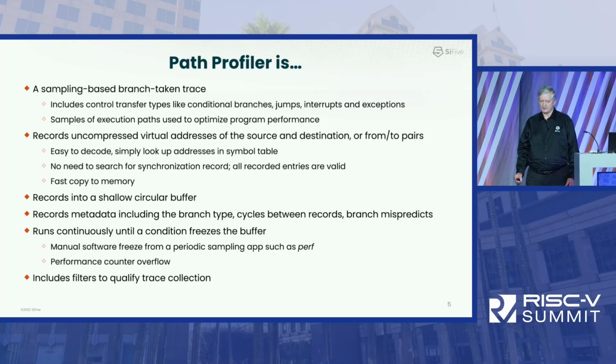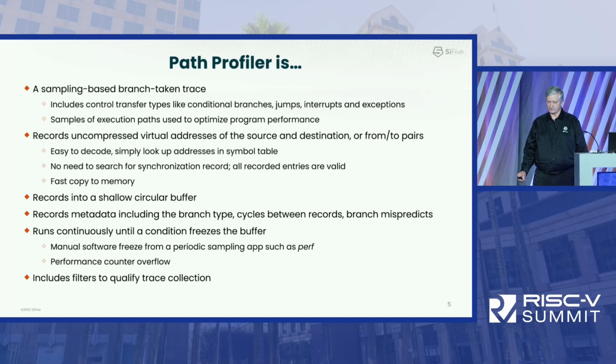Traditional trace is a highly compressed trace, like the E-trace or N-trace standards from RISC-V. They record a synchronization point, and you have to find that synchronization point as an absolute address and then process delta values from there. With this, each record has the source and destination addresses in it.